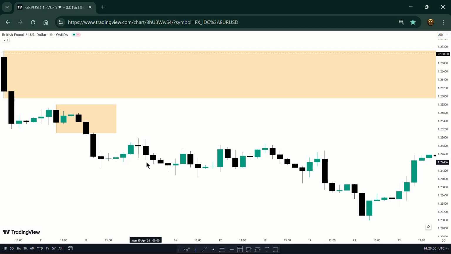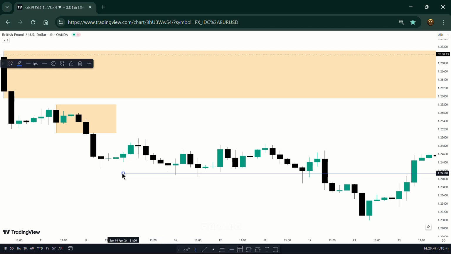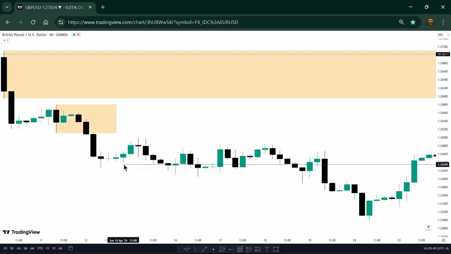Some candles will just be taking liquidity and then closing within. This was just an inside bar until this candle closed with a full body candle down below these lows here. This was the lowest low right here, but this body closed below that low, so you need to pay attention to these small details.